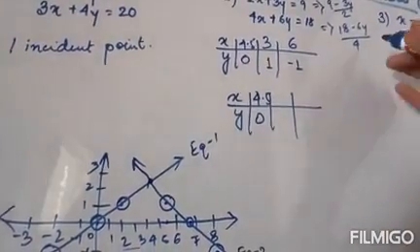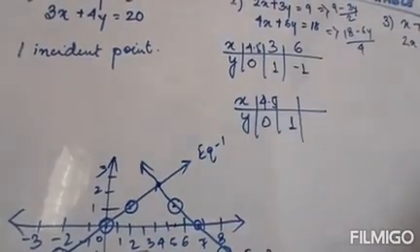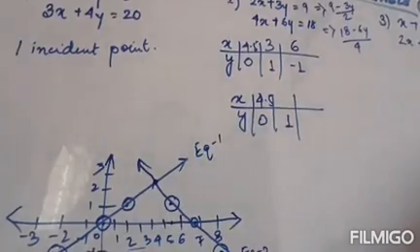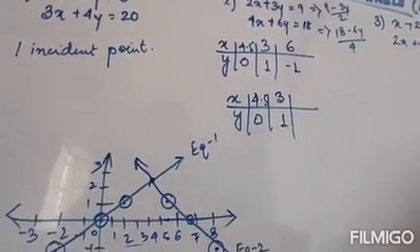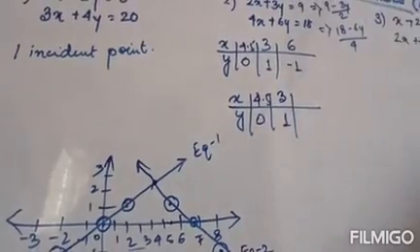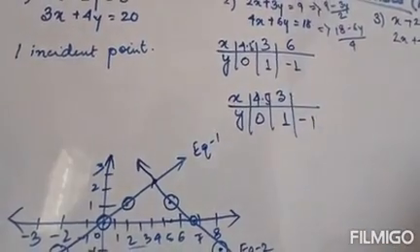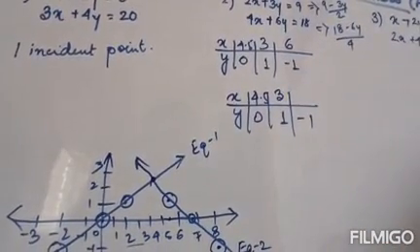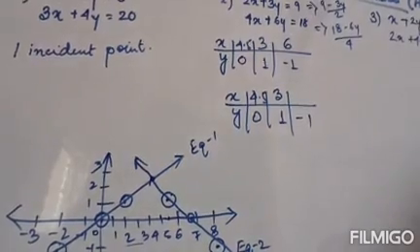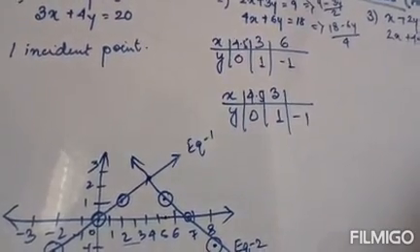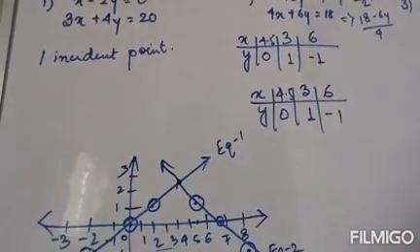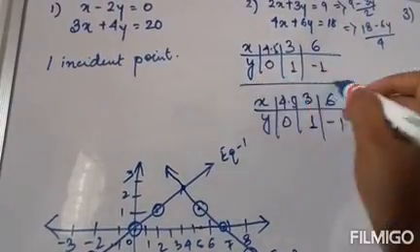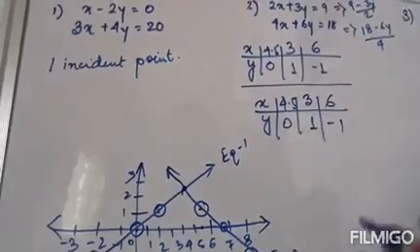Okay, when I take y as 1, 18 minus 6 is 12, 12 by 4 is 3. And when I take y as minus 1, 18 plus 6, I get 6, correct? See, oh my god, we have the same points.